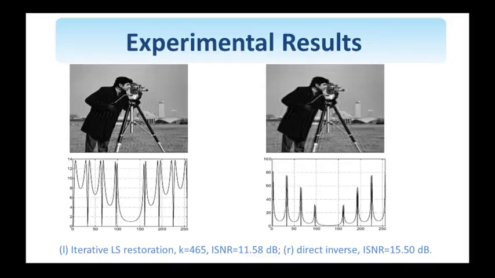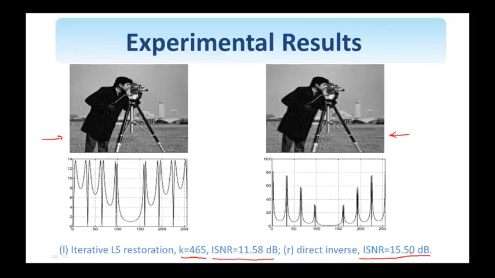We show here and compare the restored images obtained by the iterative least squares filter after 465 iterations at convergence and by the direct inversion of the degradation. The image on the left has improvement in signal-to-noise ratio 11.58 dB, while the image on the right has 15.5 dB.